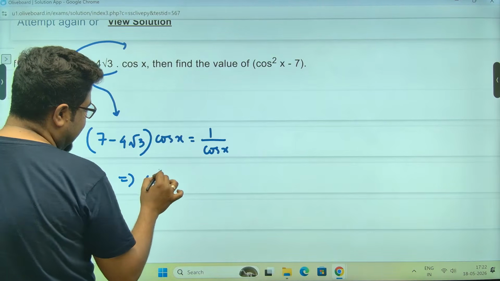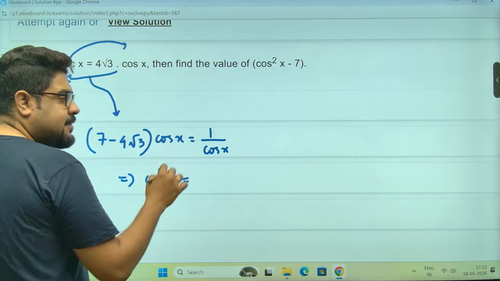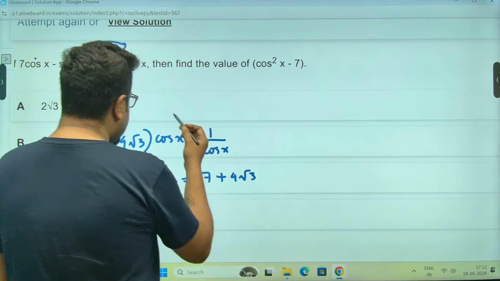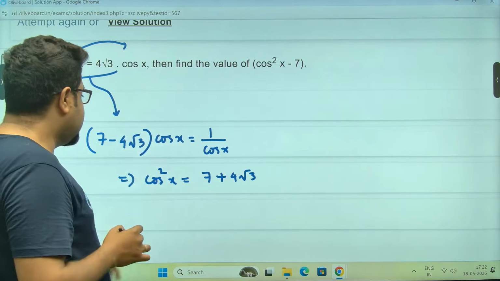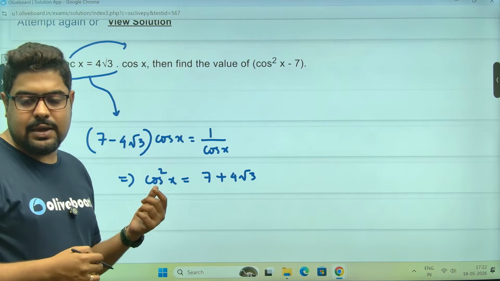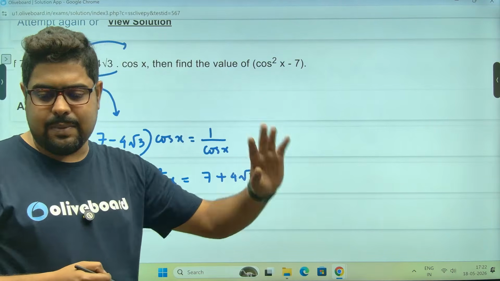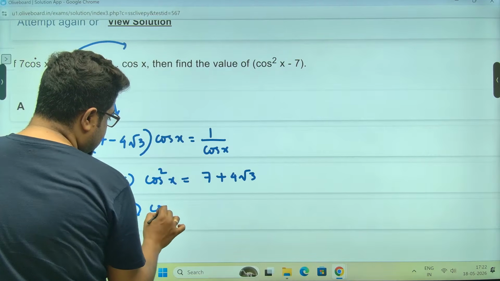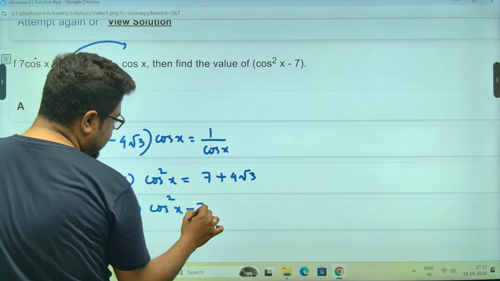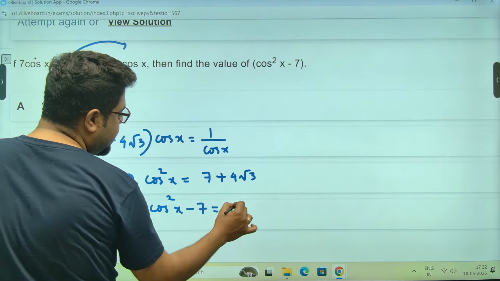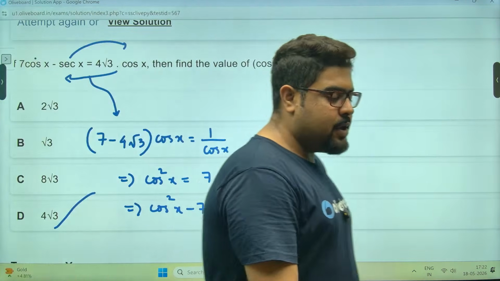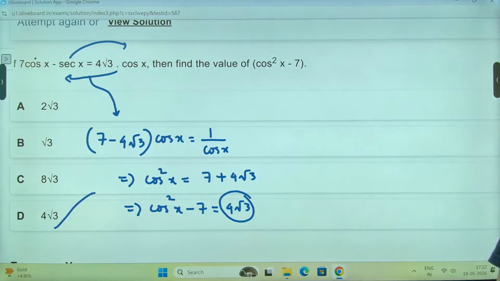So cos square x will be 1 by (7 minus 4 root 3), which is 7 plus 4 root 3 by 49 minus 48. That is 1, so I'm not writing the 1. They are asking cos square x minus 7. That will be 4 root 3 only. Option number D is the answer.